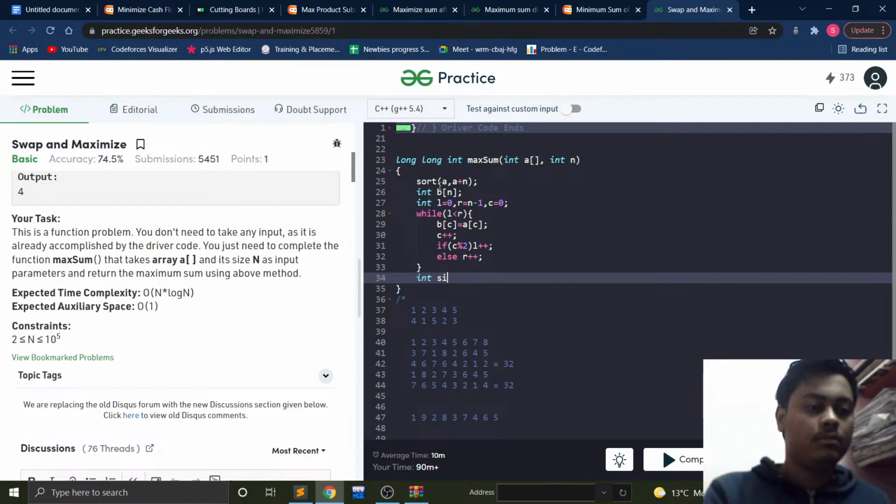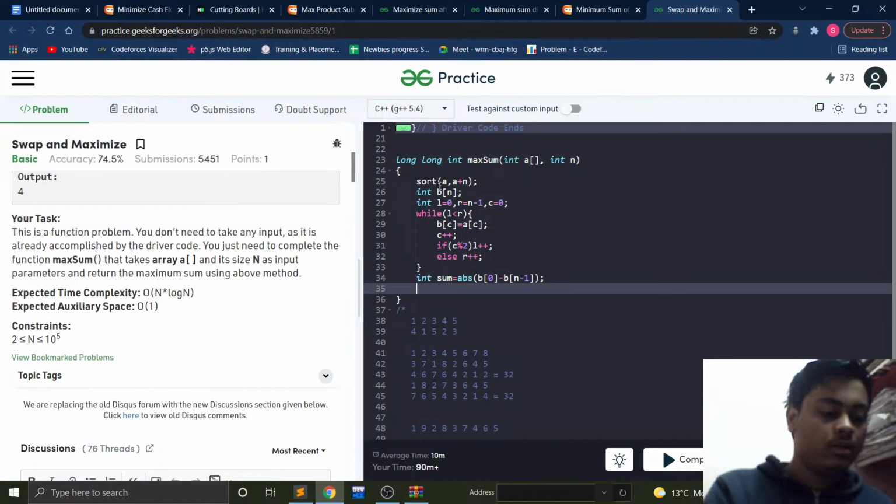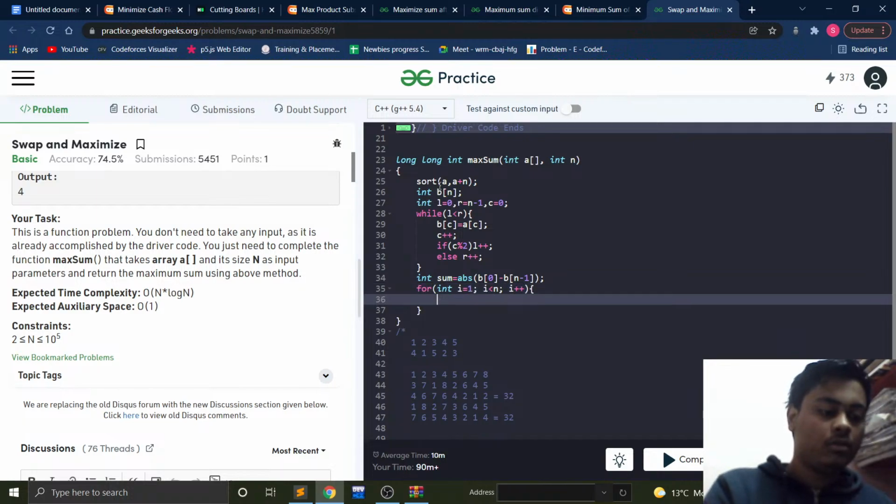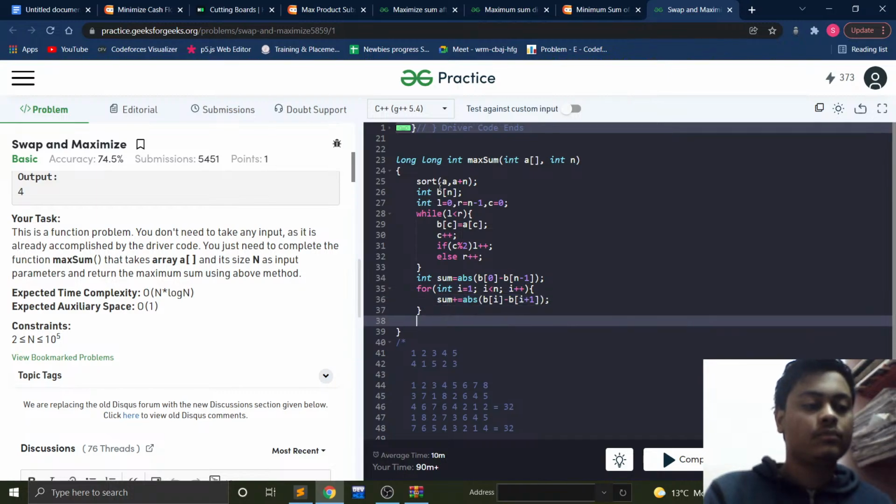Then I have a sum which is equal to the absolute value of b0 minus b[n minus 1], right? And then sum plus equal to absolute of a[i] minus b[i] minus b[i plus 1]. Fine.